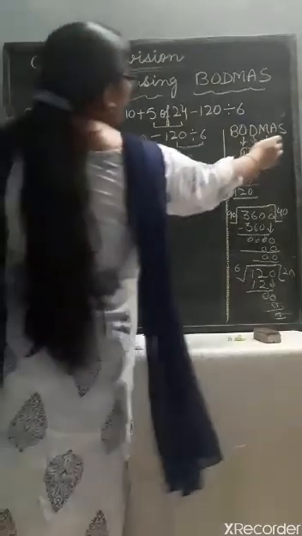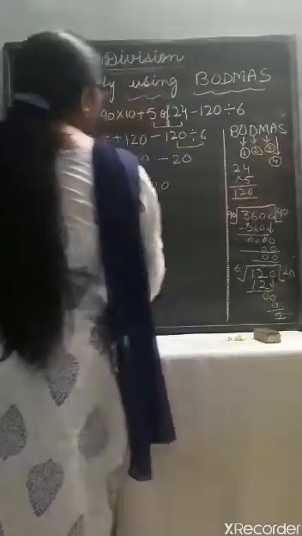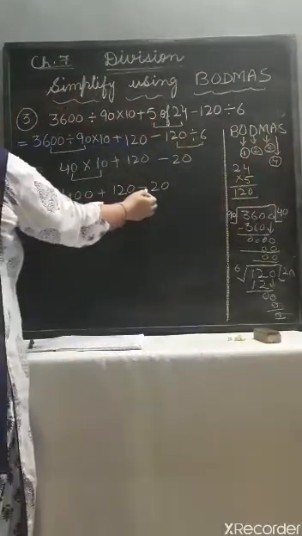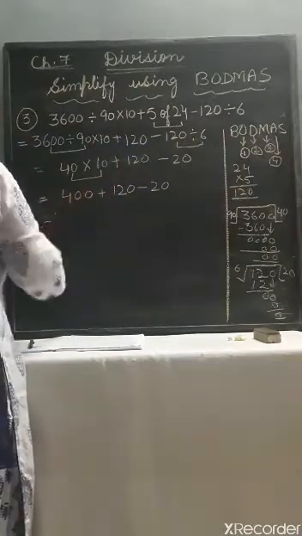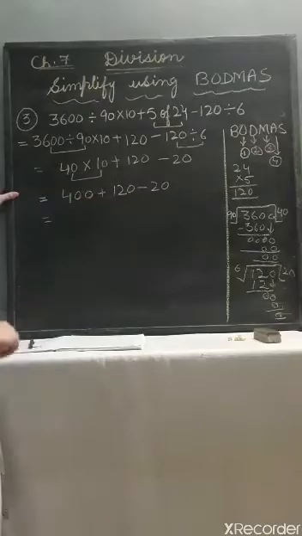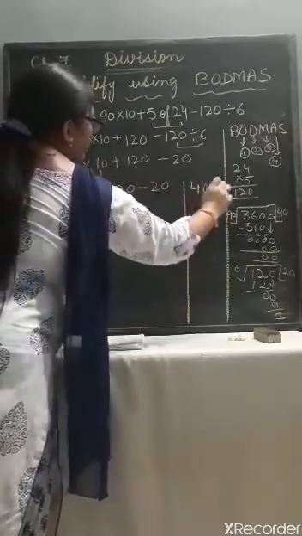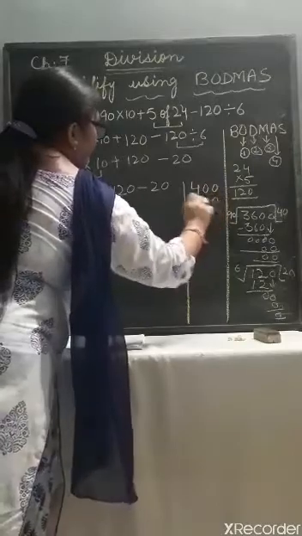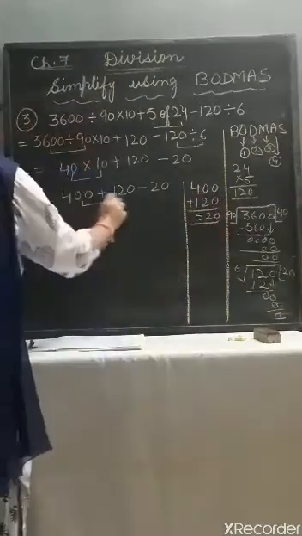After this we will do add. From add and subtract, add will be done first. 400 plus 120. By adding, we get 520.